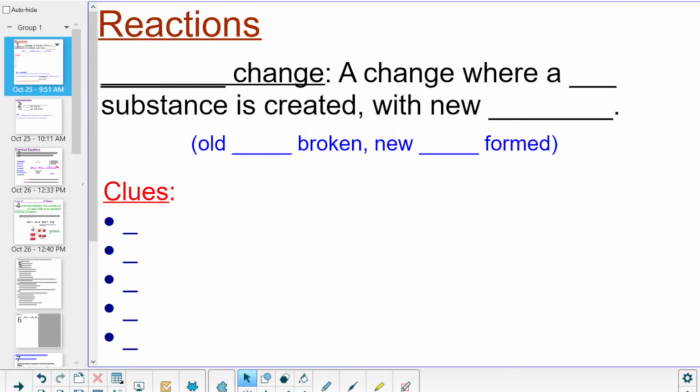Just waiting for everybody. It's not atomic, because atomic would imply nuclear. So the first type of change that we are going to do is going to be a chemical change.